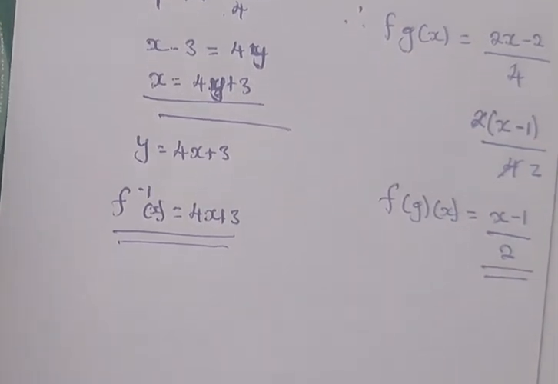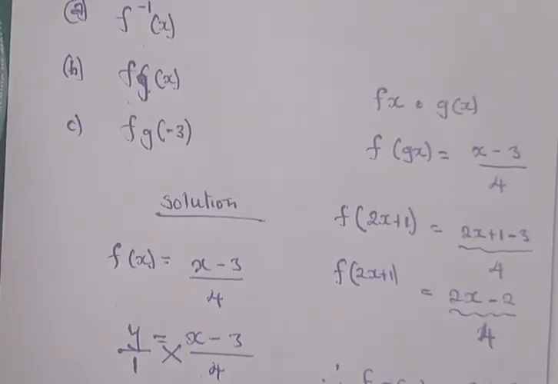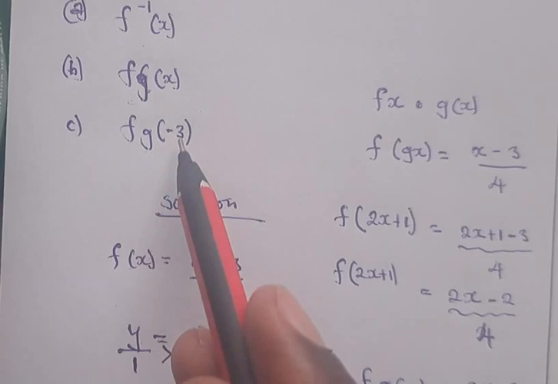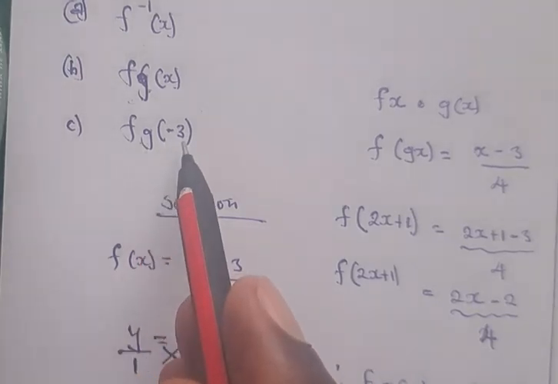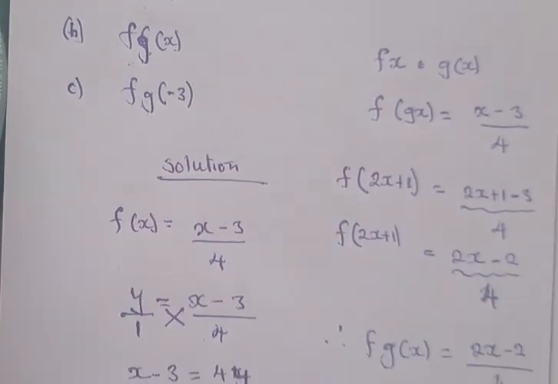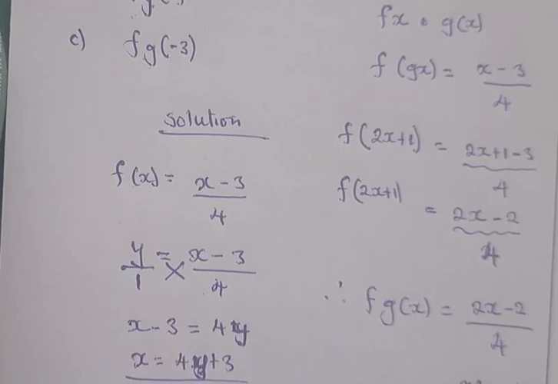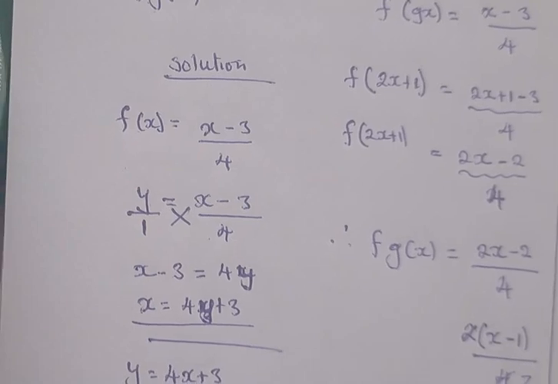And then the other part of the equation says f of g of negative 3. Since this one is just f of g of x, we just put negative 3 here, and then we find the answer.